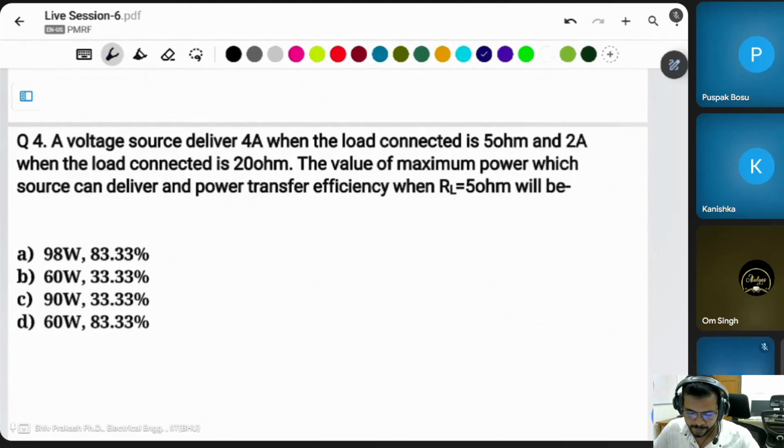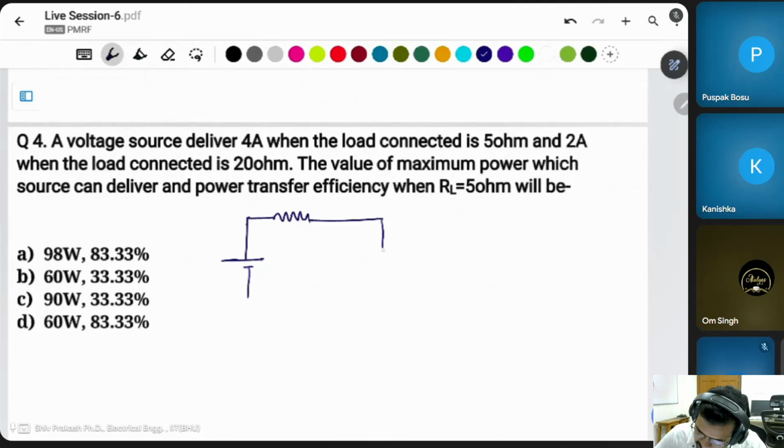Okay. Simply, there is a voltage source having some internal resistor R, then there is a load resistor RL. This is R, this is V.